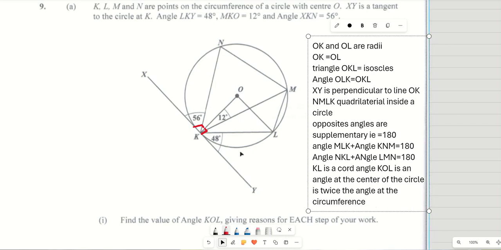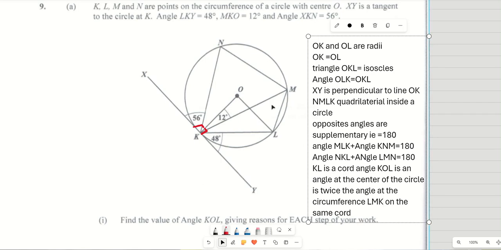As I was saying, KL is a chord, and we have an angle at the center of the circle, which is KOL, and we know that this angle here would be twice the magnitude of the angle at the circumference on the same chord. So the angle at the circumference would be LMK.